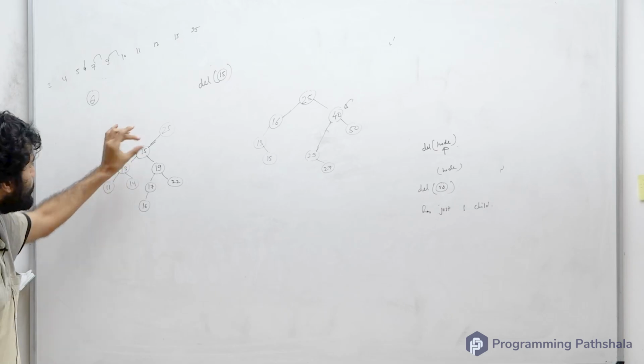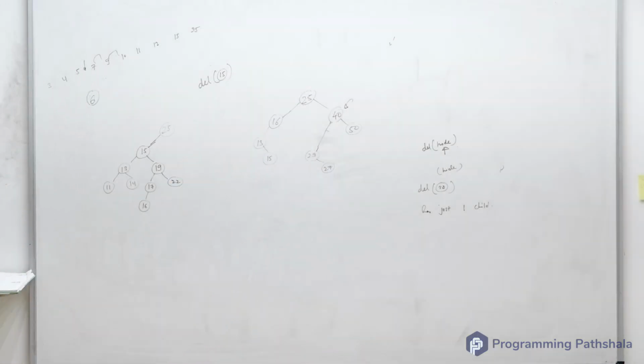I want to delete this 15. Can somebody think of how the tree will look when this 15 is deleted? Just do some work on your pen and paper and think, if I were to delete this 15, what would the structure of the tree be? Or in other words, which node would you want to bring in place of 15?